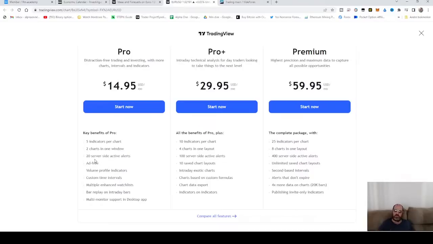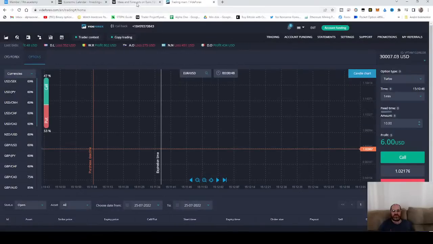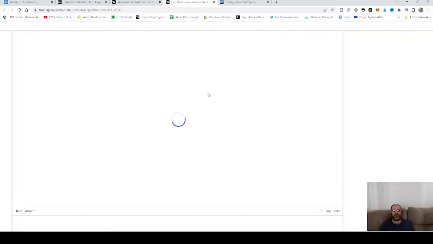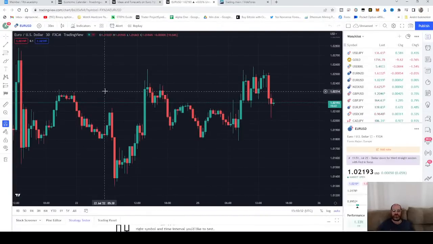So you can follow 5 pairs using this for only $14.95. And if you don't manage to make back this money in a month, then it's not worth it, right? So go for the pro plan, and you can follow every single trade you're doing, and you can just copy it with TradeMate. So TradeMate is a good one.